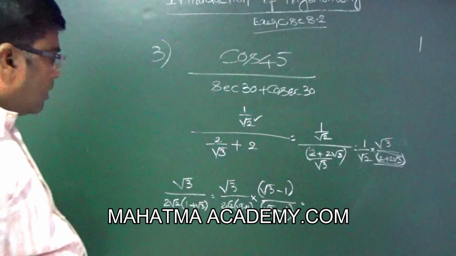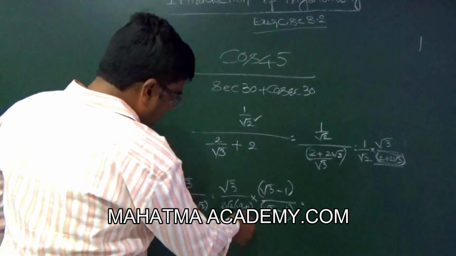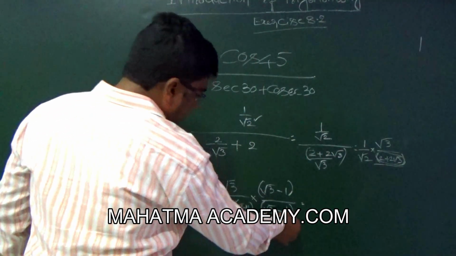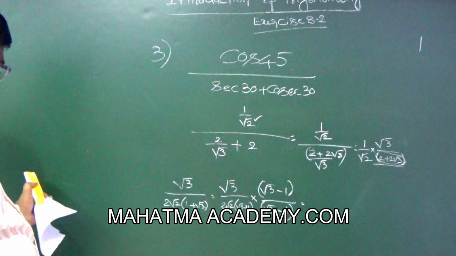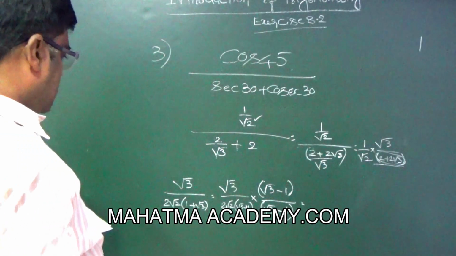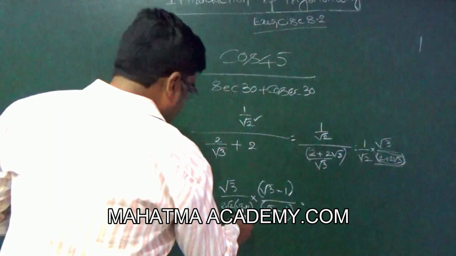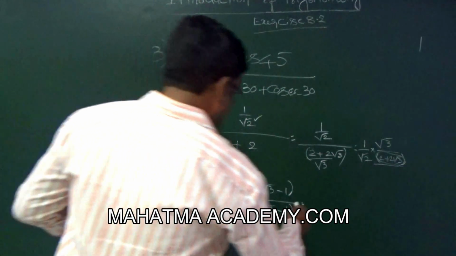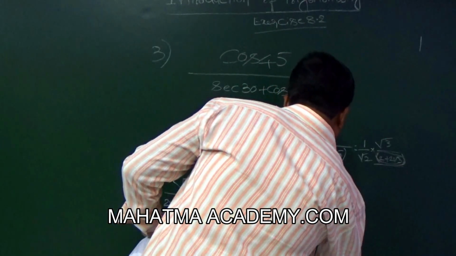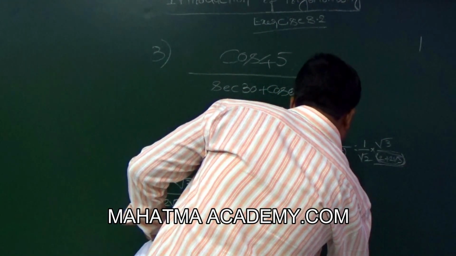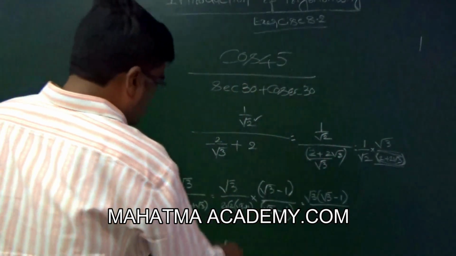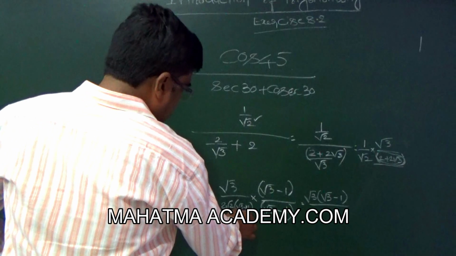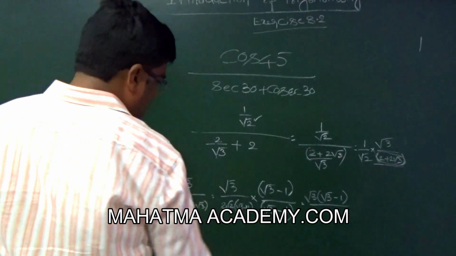In the denominator, a plus b into a minus b equal to a square minus b square. So, root 3 into root 3 minus 1 upon 3 minus 1, that is root 3 square minus 1 square.